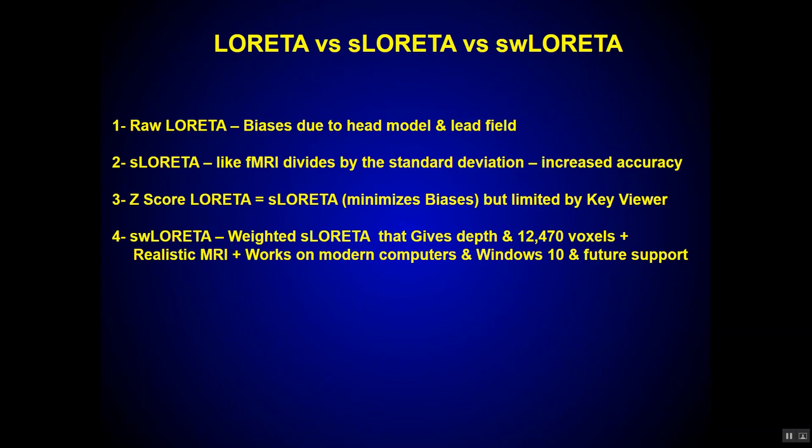And then finally, swLoreta, developed by Ernesto Soler, is one where he starts with sLoreta, but he uses a realistic head model or a realistic MRI. It's no longer an average. And then he weights the sources by making sure that the lead field is homogeneous.